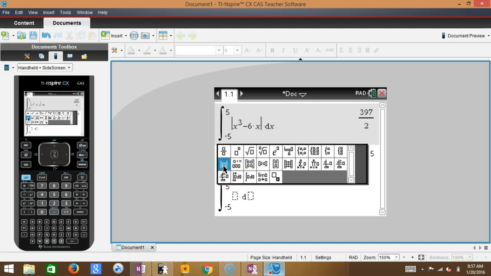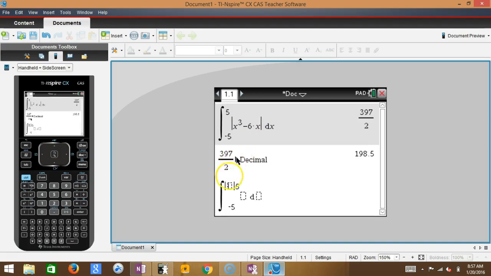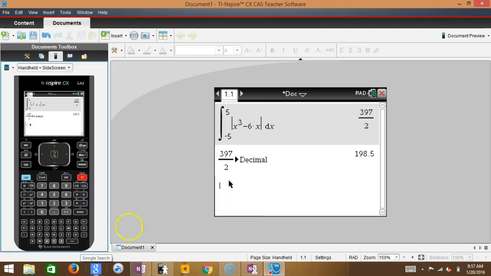It gives you 397 divided by 2, so do you divide that? Yeah, so then you go to menu and then you go to number and convert it. See where my cursor is? You have to hit Control plus.